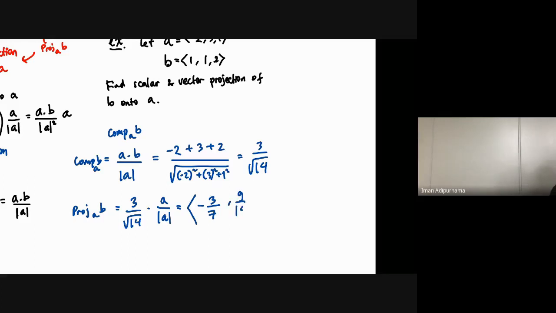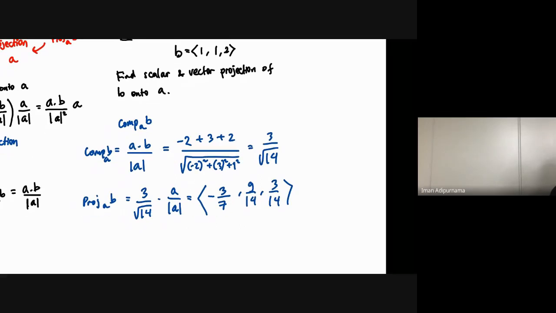And 9, 14, 3, 14. Okay, so I hope you get the idea for the projections, the component along vectors, and the vector projections.